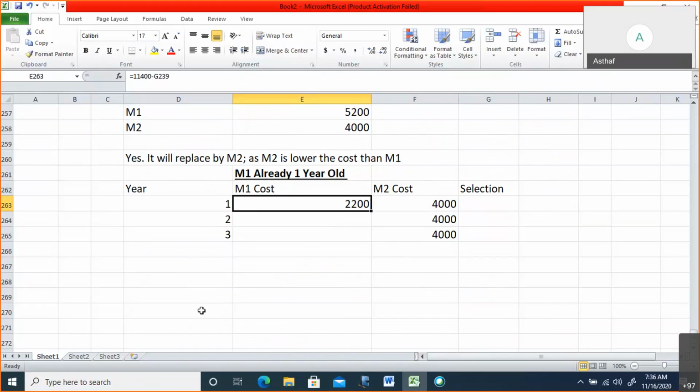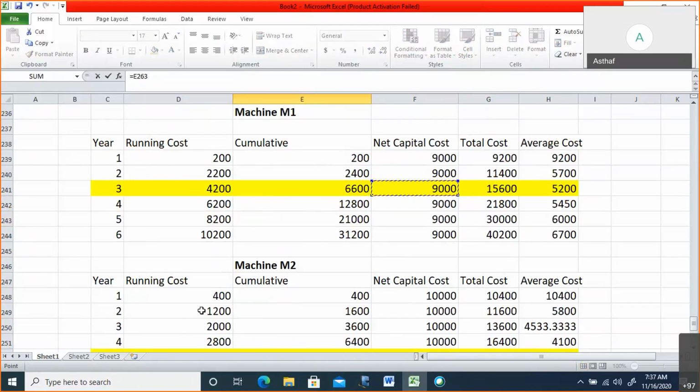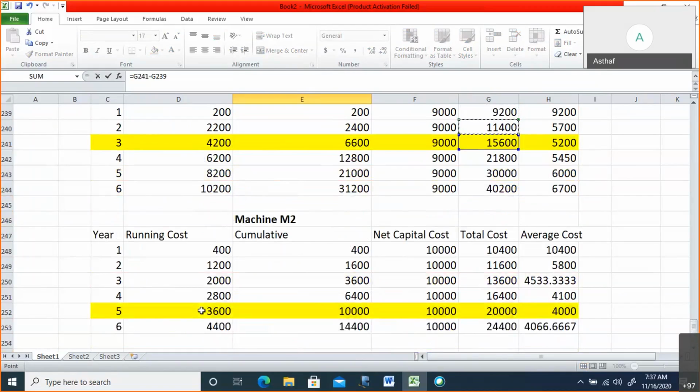So how will it come next? Next, my dear friends, this is the 15,600 minus. Now the next two: year 2 and 3. First, we discussed the difference between year 1 and 2. Now we will do year 2 and 3.